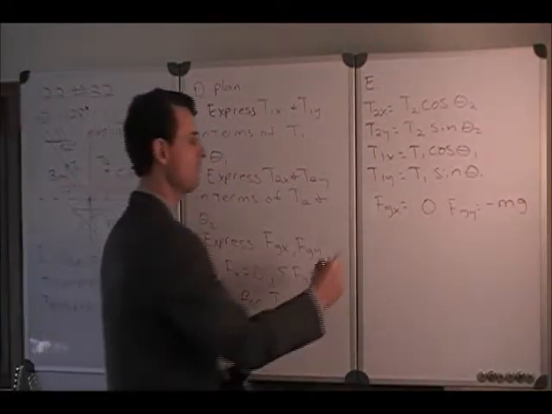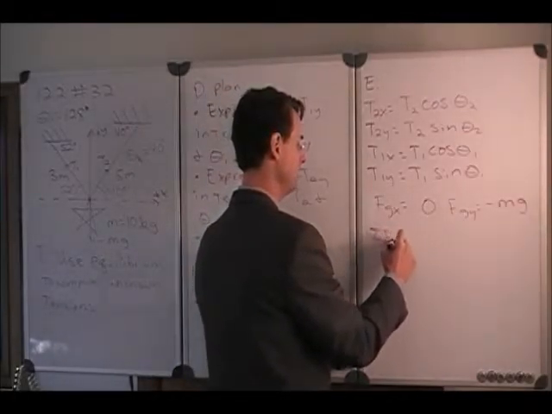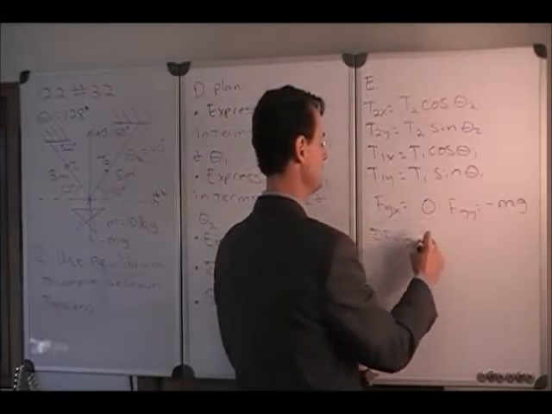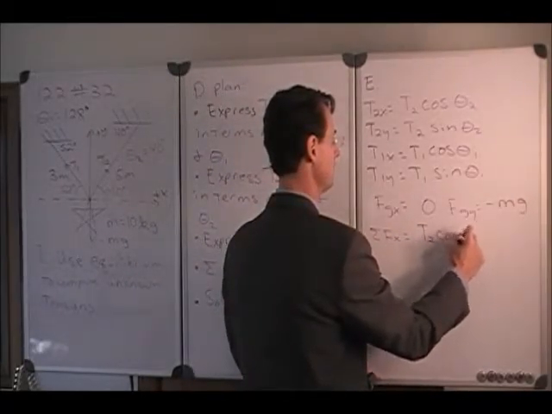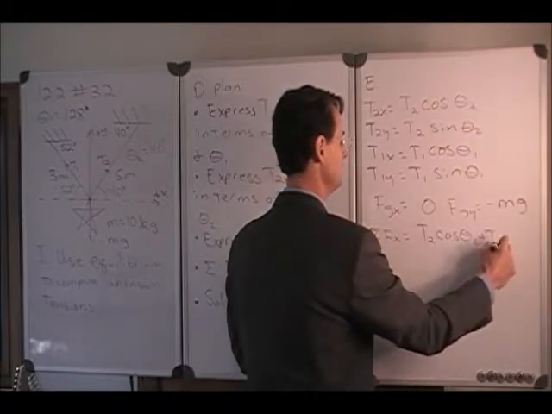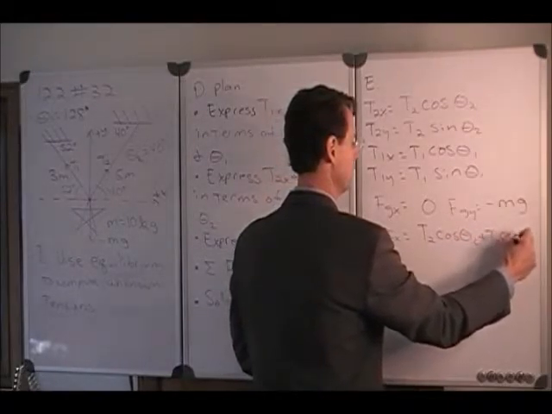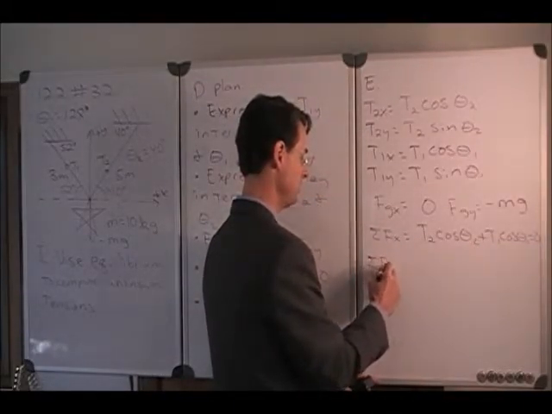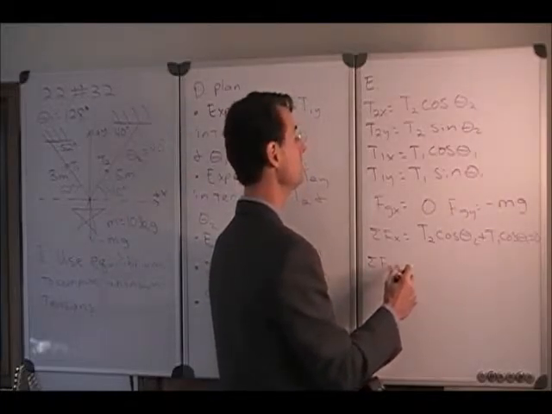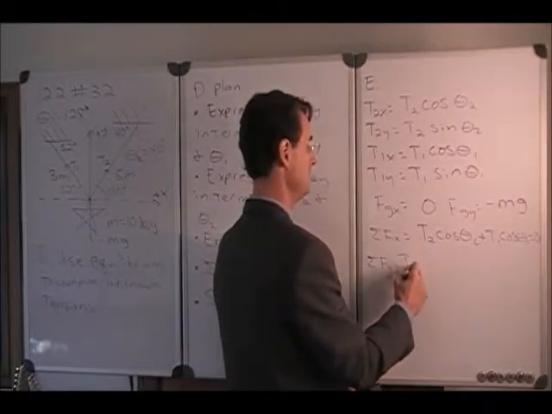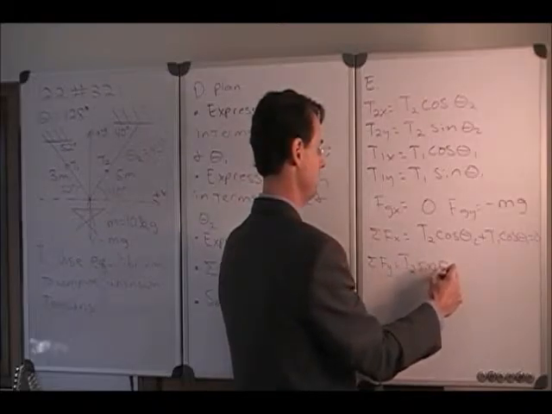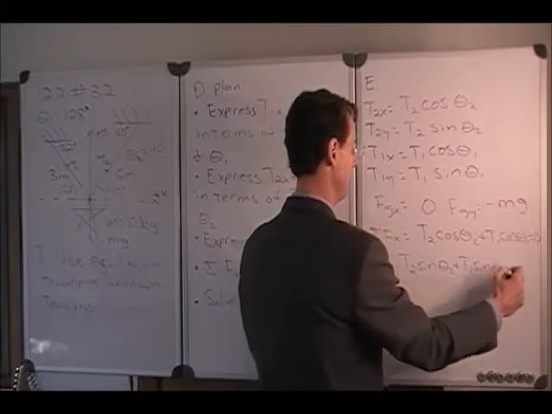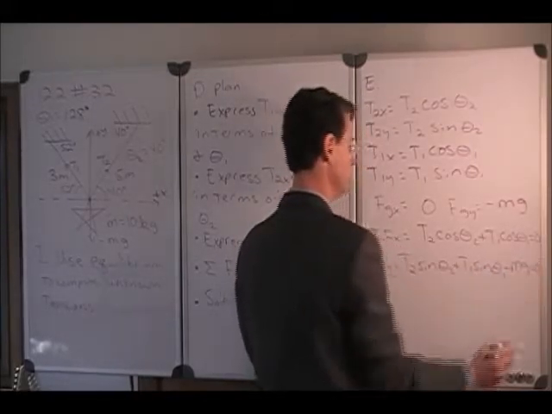All right, now when we sum the x forces, it's going to be 0, but what we're going to have is T2 cos theta 2 plus T1 cos theta 1 is equal to 0. And then when we sum the y forces, we have T2 sine theta 2 plus T1 sine theta 1 minus mg equals 0.